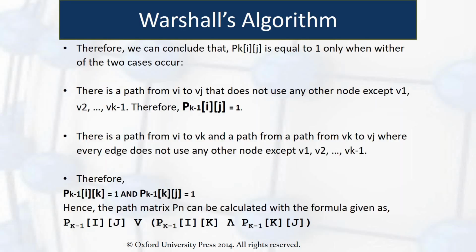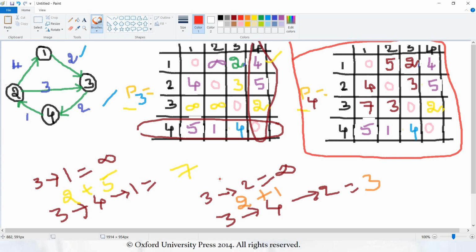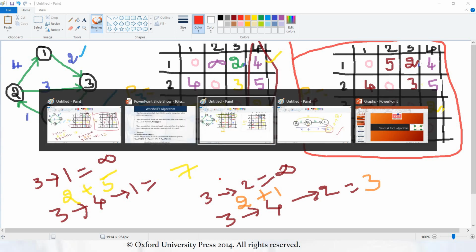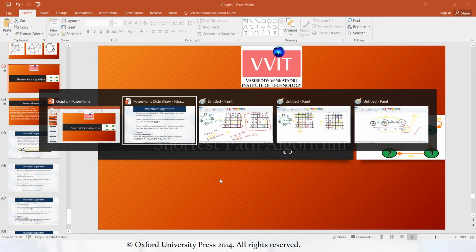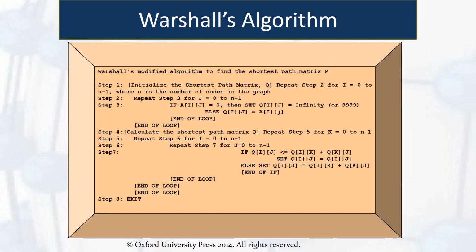The modified Warshall's algorithm is saying that if there is an edge, make it 1. If there is no edge, make it 0. Okay, so don't make it 0, make it infinity. That is what this modified Warshall's algorithm is saying. So let us observe what it is saying. Step 1, initialize the shortest path matrix and repeat step 2.